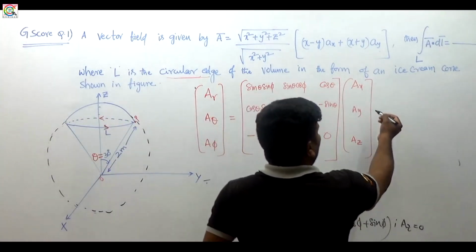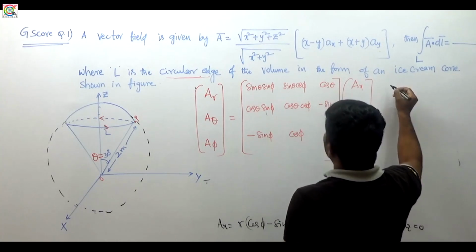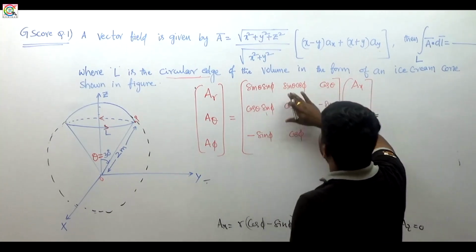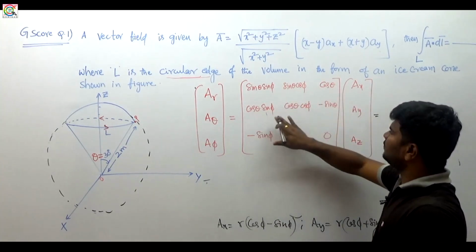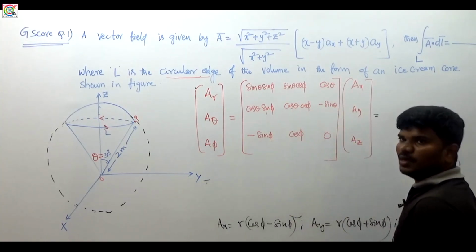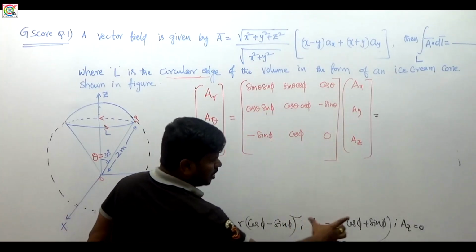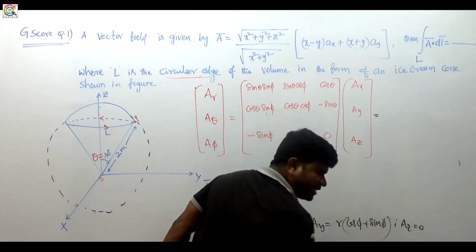So here if you write it out, this is the matrix, and this is the Ax value, this is the Ay value, this is the Az value.